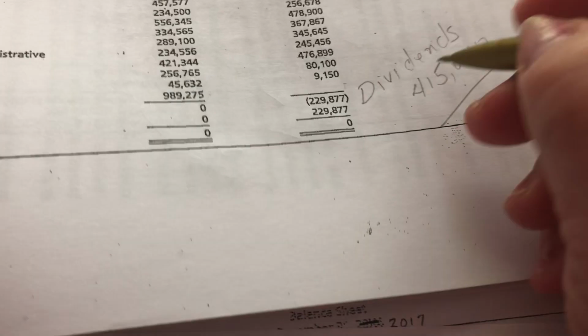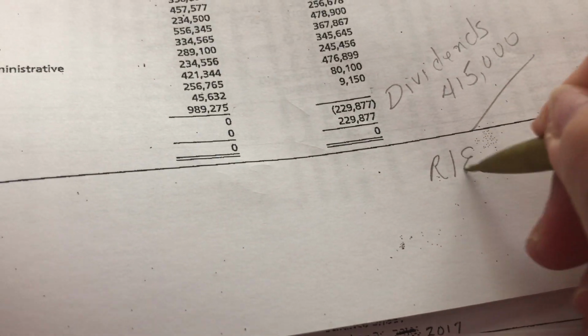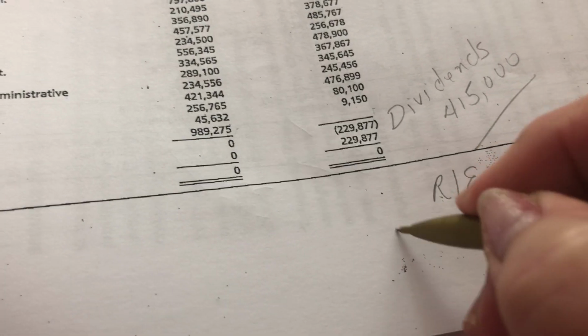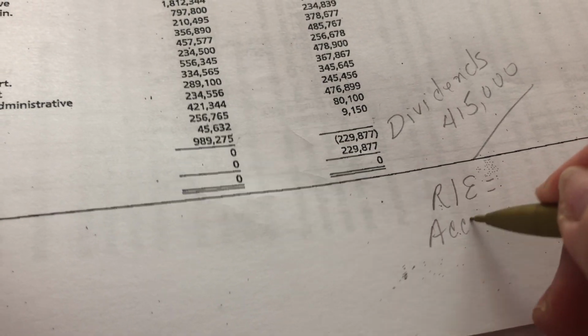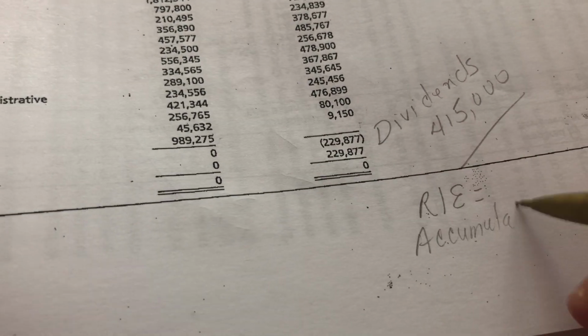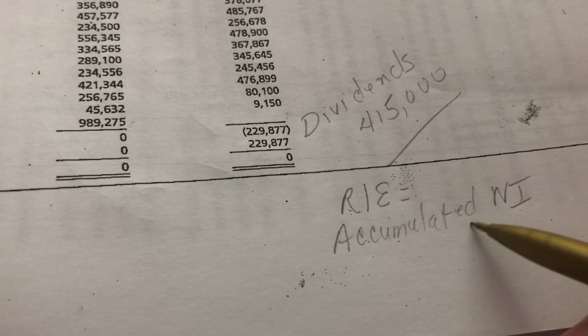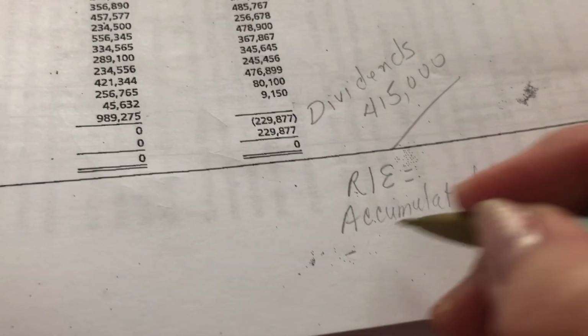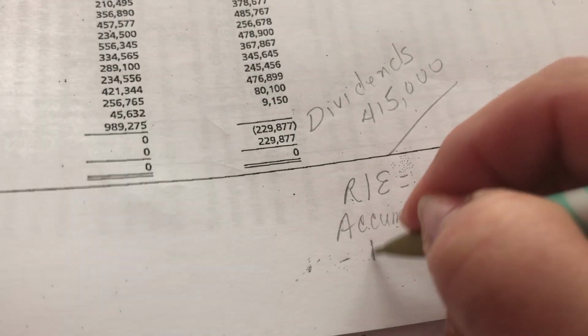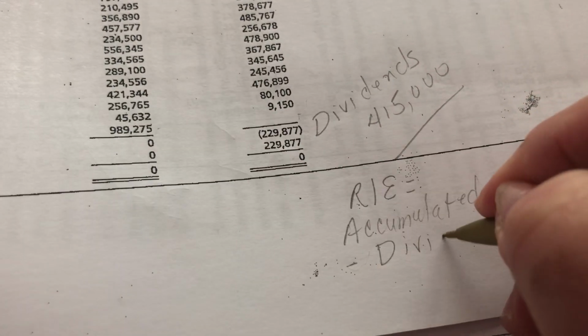Retained earnings is equal to accumulated net income. So you add net income minus dividends.